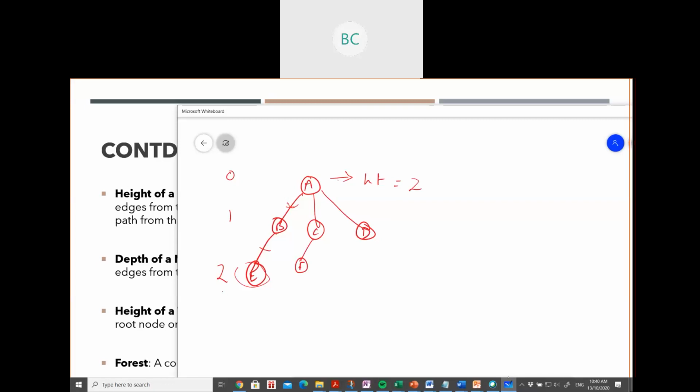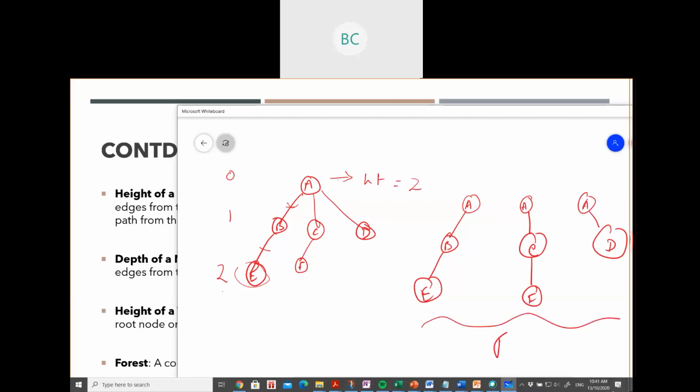Now if you want to build a forest, you can just create separate trees out of it. This is a separate tree, this is a separate tree, and this is a separate tree. So these disjoint trees are known as your forest.